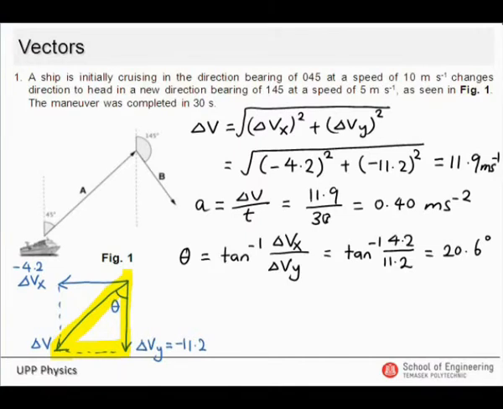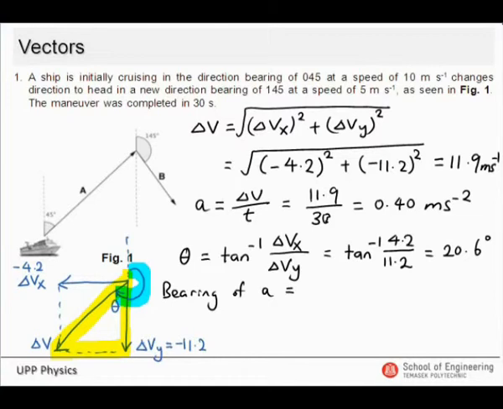But since the question is given in terms of bearing, we have to find the bearing of angle theta. So how do we find the bearing? Bearing is measured from the north. So it's actually this whole angle here. Let's highlight, maybe using blue. So this angle you need to find.